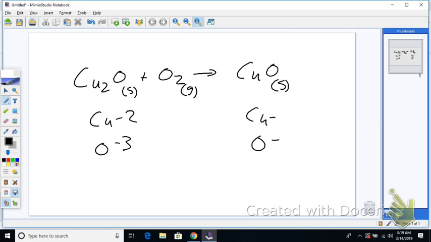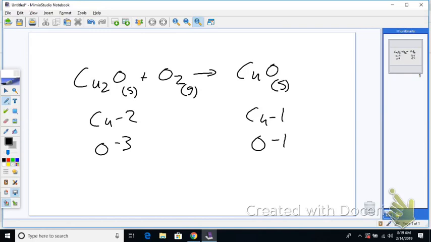And then here we got 1, 1. Okay? Now, this is what makes balancing difficult sometimes, is that you might have an element in multiple spots. And when you have elements in multiple spots, you definitely want to balance it out at the very end, when possible. Sometimes it's not possible. Sometimes you gotta attack it right away.